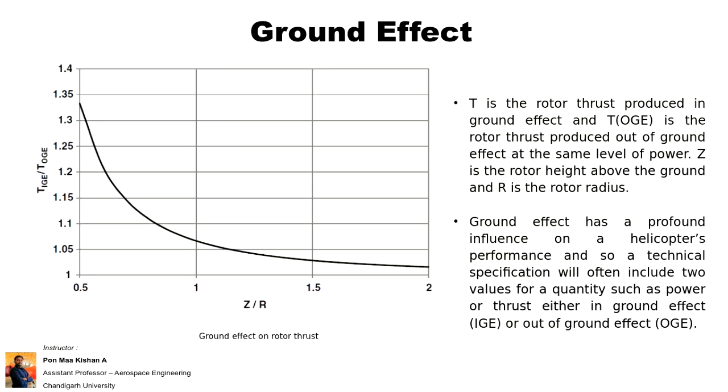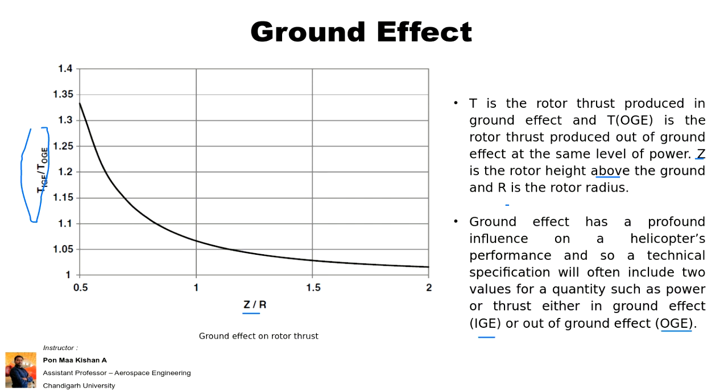That's why this ratio is used, where Z is the altitude, the rotor height above the ground, divided by R, the radius of the rotor. So Z by R is taken as a ratio, and depending upon that, the thrust required is also a factor. If you see here, there is in ground effect and out of ground effect.